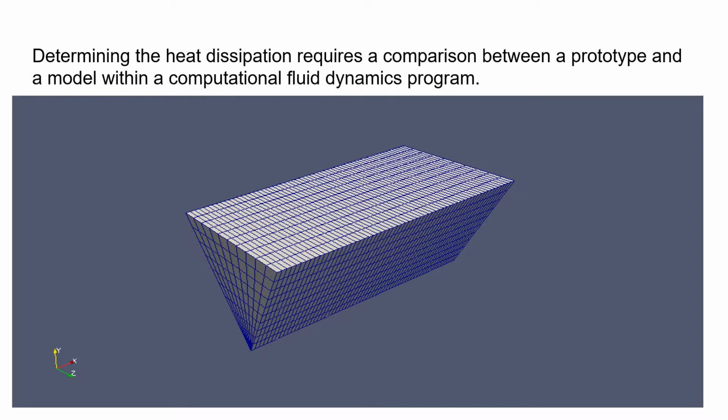Determining the heat dissipation requires a comparison between a prototype and a model within a computational fluid dynamics program. In order to get a good idea of how heat dissipation really is for our model, we needed to use a numerical model because we saw some foreseeable hindrances with our measuring devices.